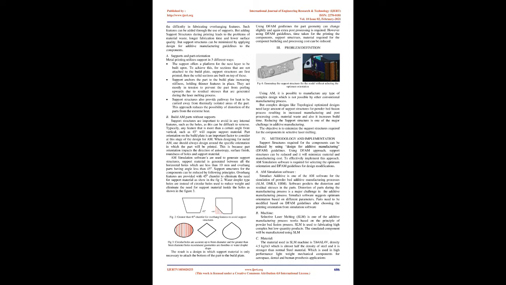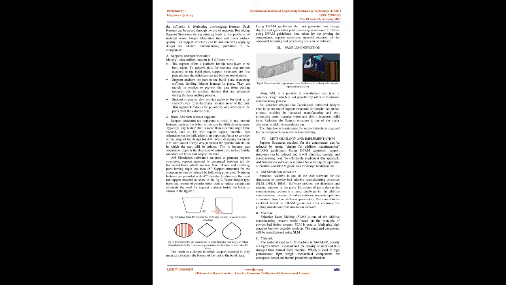orientation. Metal printing utilizes support in three different ways. The support offers a platform for the next layer to be built upon. To achieve this, for sections that are not attached to the build plate, support structures are first printed, then the solid sections are built on top of these. Support anchors the part to the build plate, increasing stiffness and holding thinner features in place.